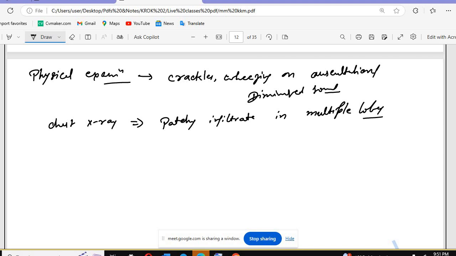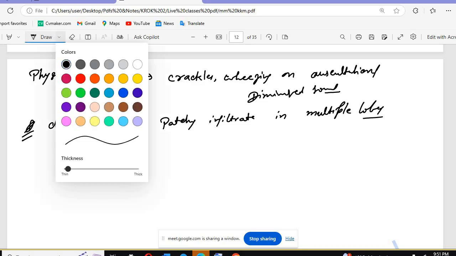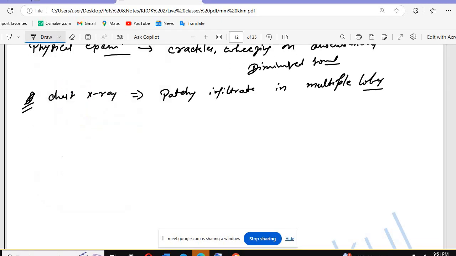So whenever patchy inflammation, patchy things are there, you have to remember bronchopneumonia. Of course, there will be some inflammation or consolidation in patchy form, crackles or wheezing on auscultation, and along with that, diminished sound on auscultation.